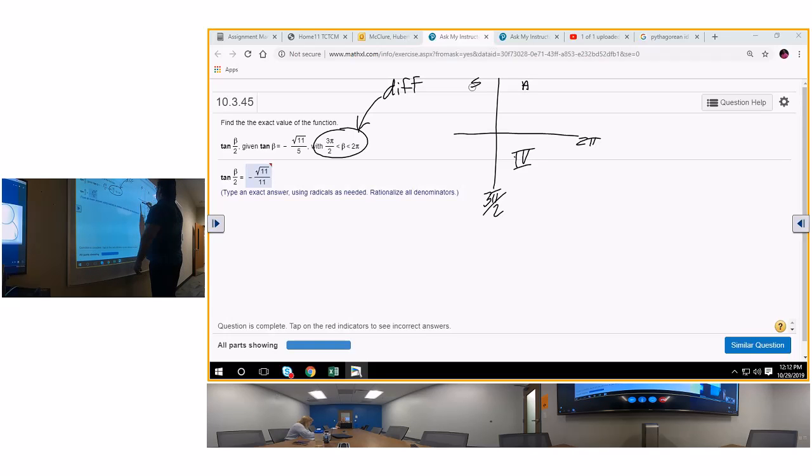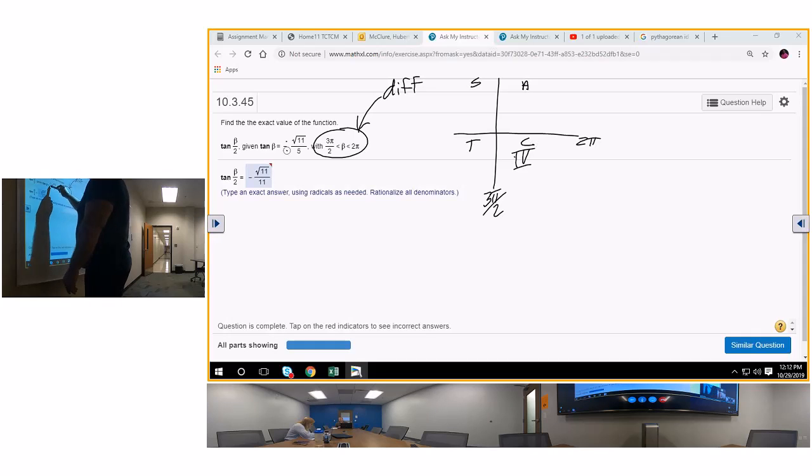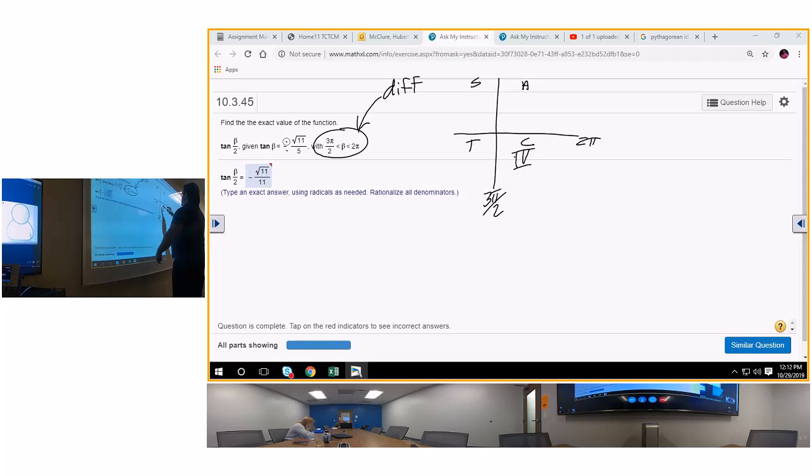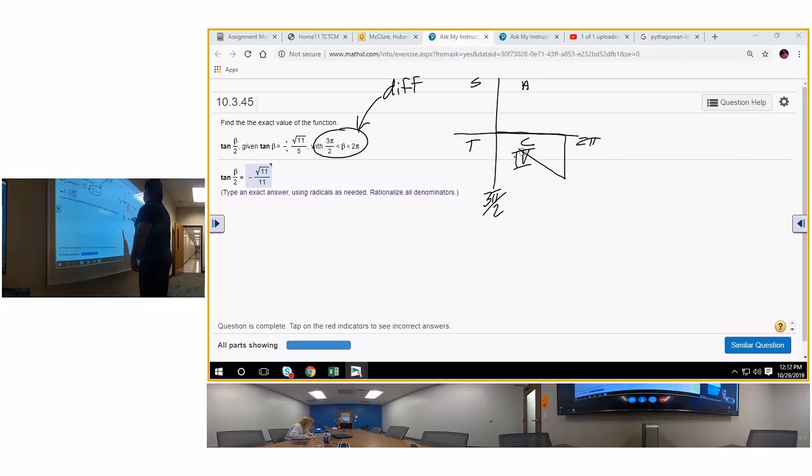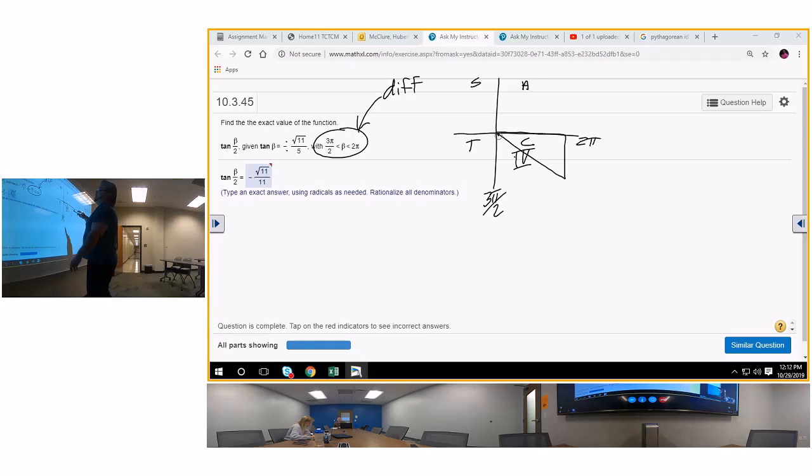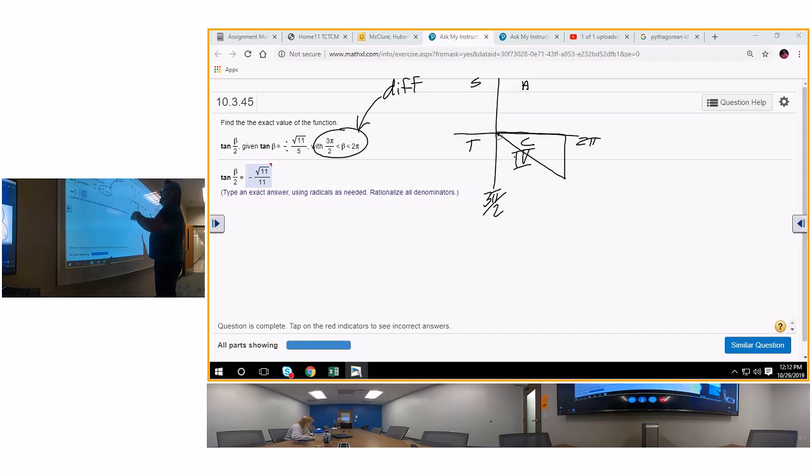All students take calculus. So the tangent is going to be negative, which it says right here. So that means that you've got a line like this, which means opposite, and so that means that the square root, Oscar had a hunk of apple, so negative square root of 11, and this is going to be 5, and this is going to be 6.